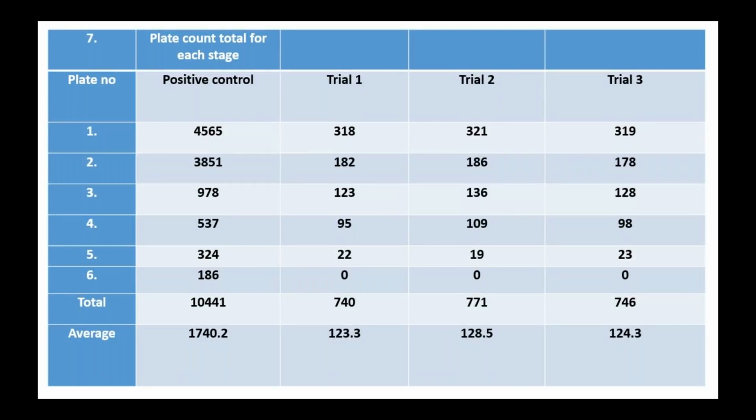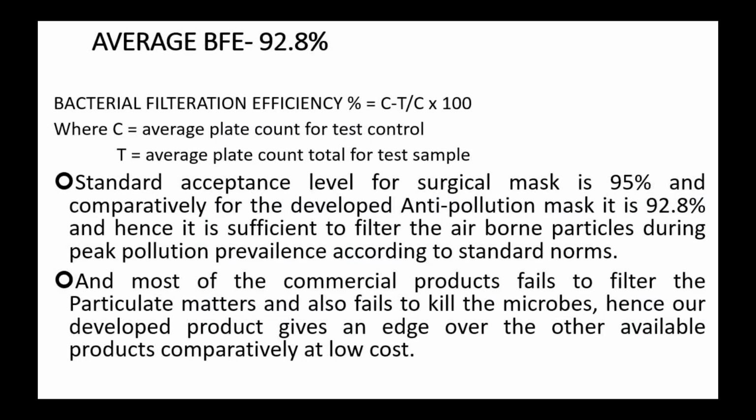I didn't believe in one such trial, so I have taken 3 positive control trials and taken the average as the final value. I calculated the bacterial filtration efficiency using C minus T divided by C into 100, where C is the average plate count for the test control and T is the average count total for the test sample. The average bacterial filtration efficiency value for my mask arrived at 92.8%.